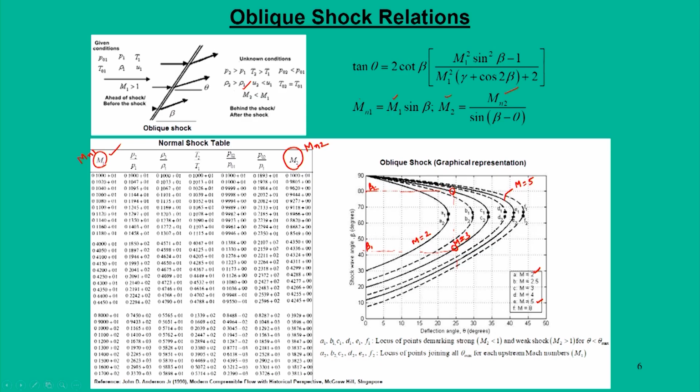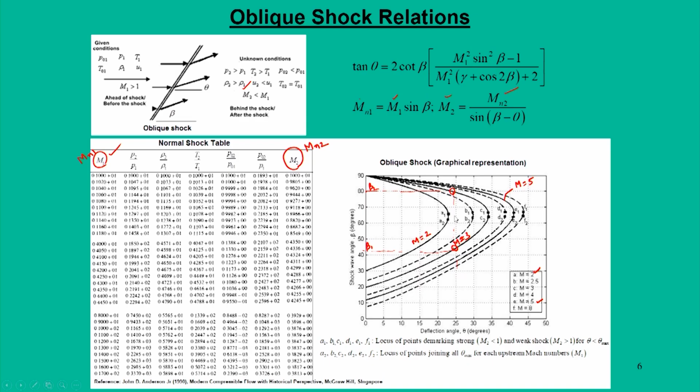That means, for a given Mach number there are two possible values of beta. That is one aspect. Later we will say higher beta means the shock is stronger.